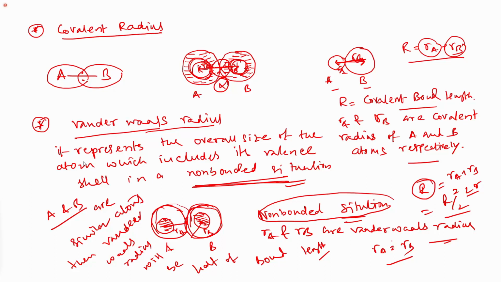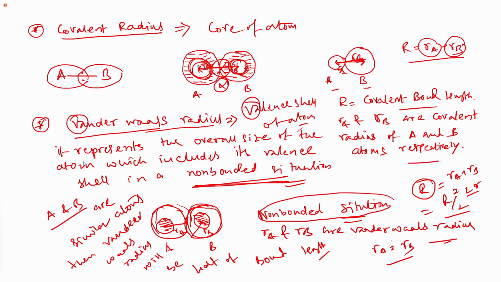For the covalent radius, just remember the core of the atom, and for the van der Waals radius, just the valence shell of the atom. Van der Waals is V and valence is V. In this way you have to remember: for van der Waals radius, the valence shells, and for covalent radius, the core. So this is the point.